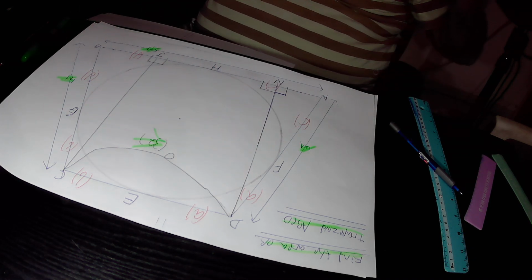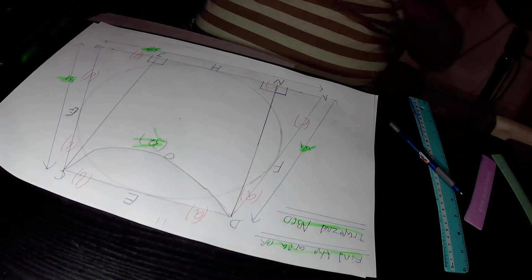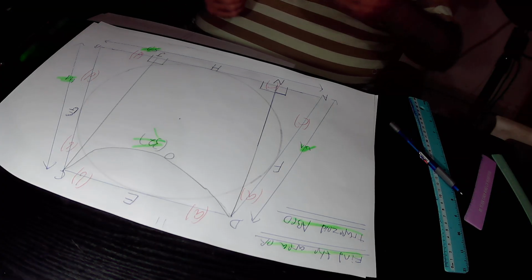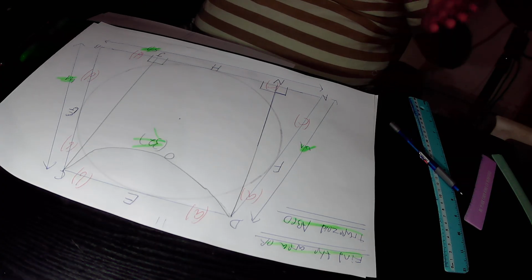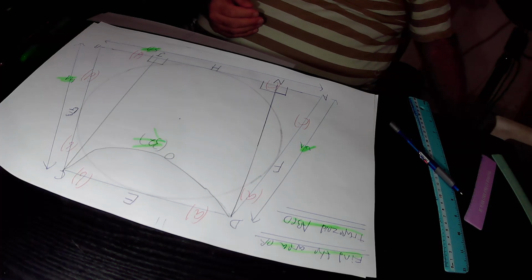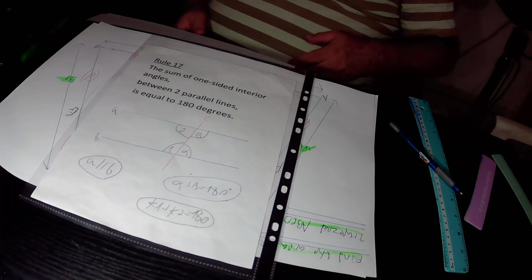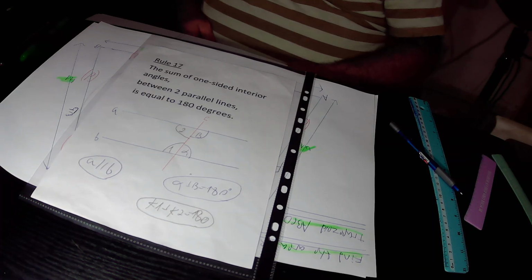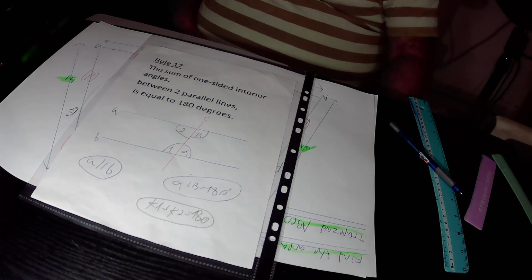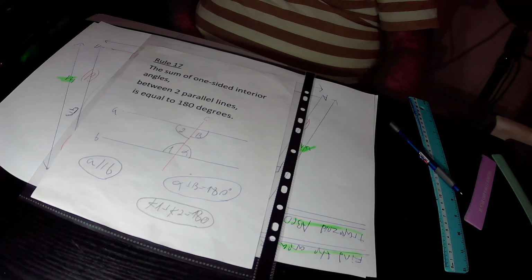Therefore, according to Rule 17, the sum of two one-sided interior angles that are located between parallel lines is equal to 180 degrees.